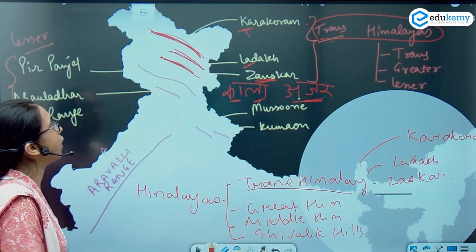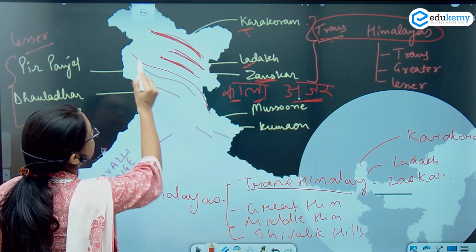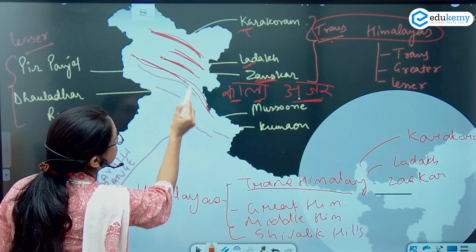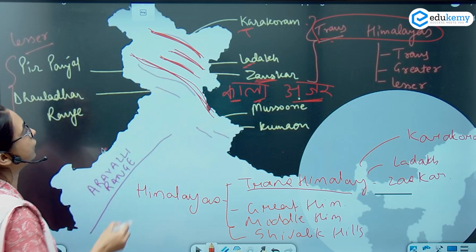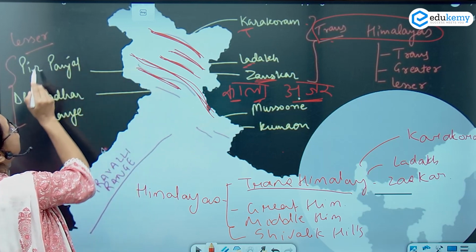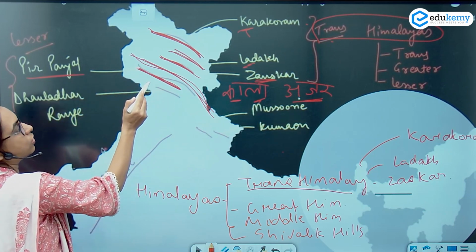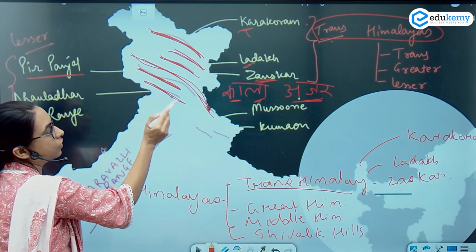Then you have your Great Himalayas. And then you have these small ranges. This is your Pir Panjal range. There is another important range, that is the Dhauladhar range.